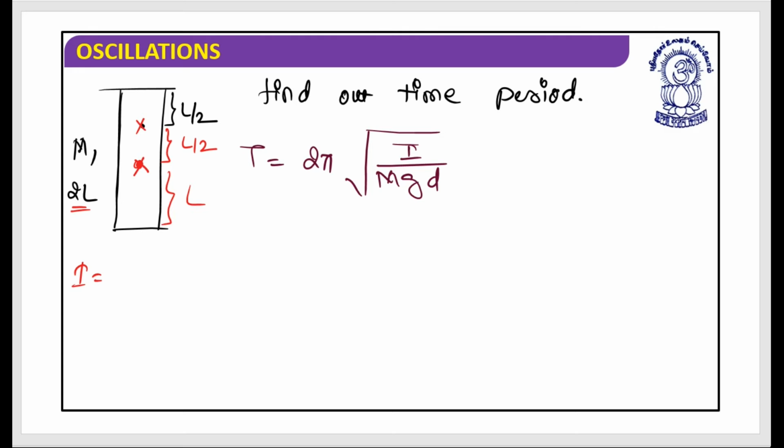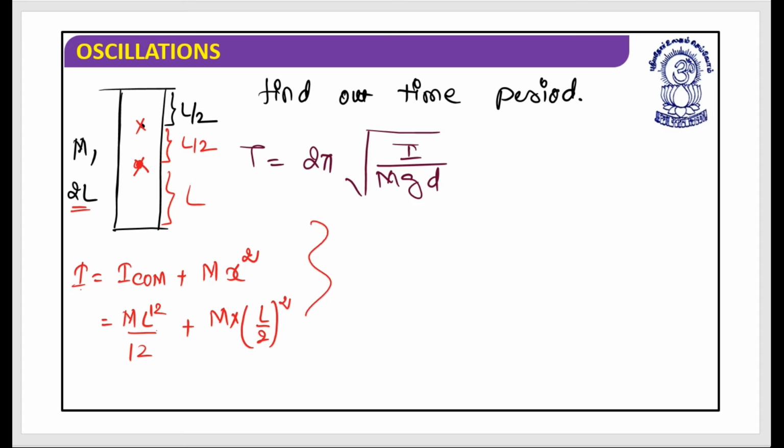Now the parallel axis theorem says that the I required would be equal to I center of mass plus m into x square. Then I center of mass could be written as ml square by 12, but I should write m into L dash square by 12, because this length is not L, it is 2L in reality, plus m into x square, where x is L by 2.